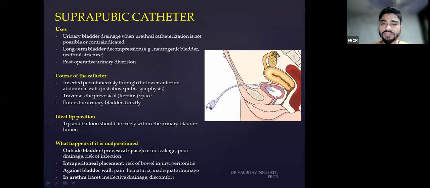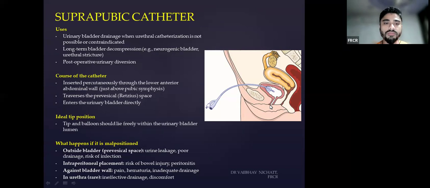Then suprapubic catheter is usually placed. The uses of suprapubic catheter, this is how the suprapubic catheter is placed through the anterior abdominal wall above the pubic bone, and the tip and the bulb should be within the urinary bladder lumen. Uses are when the urethral catheterization is not possible or contraindicated, such as in cases of trauma or pelvic floor injuries.